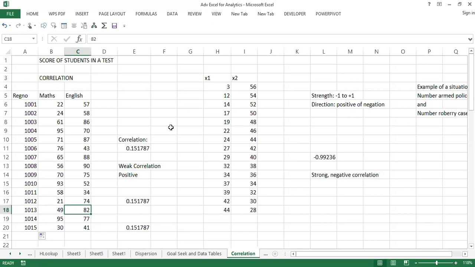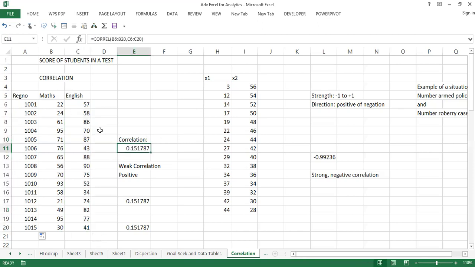So now we can compute the correlation between these two data sets, this one and this one. The correlation between them can be computed.